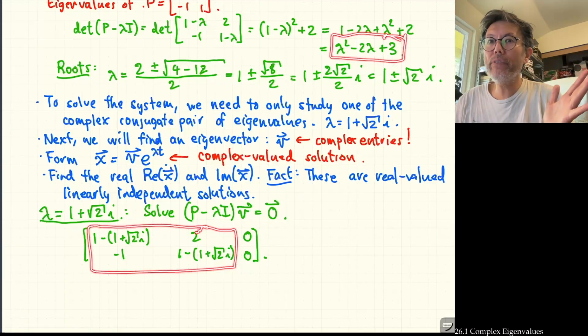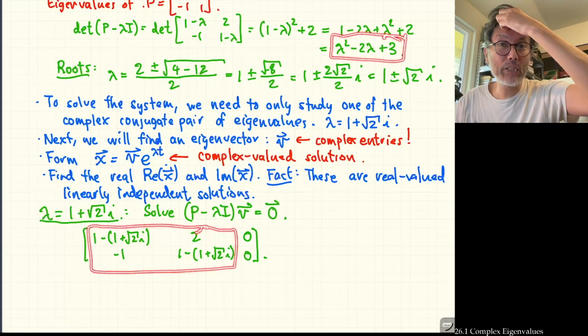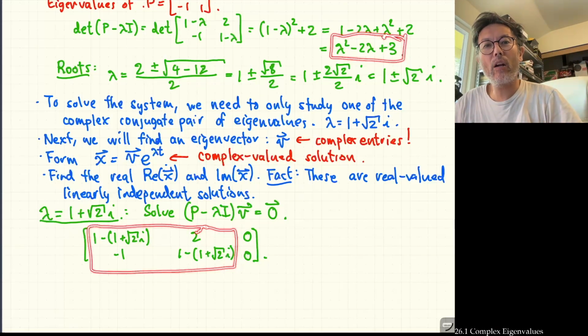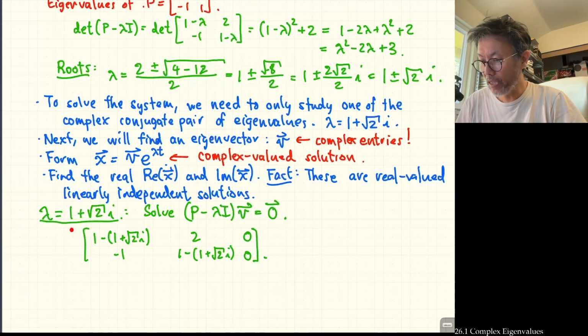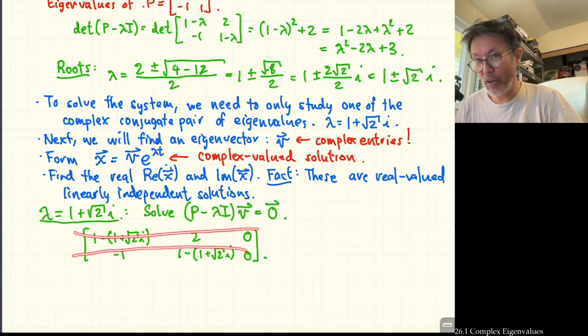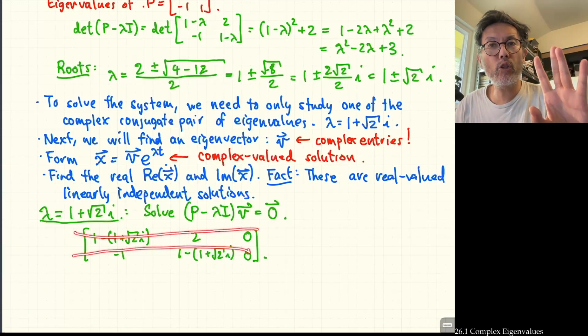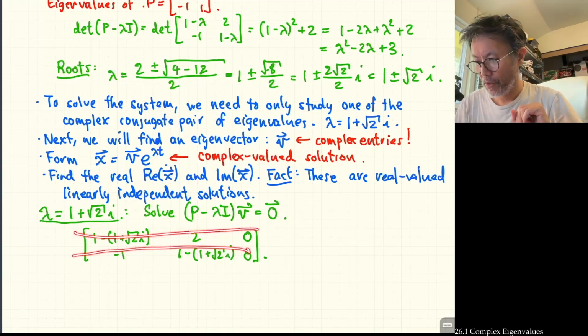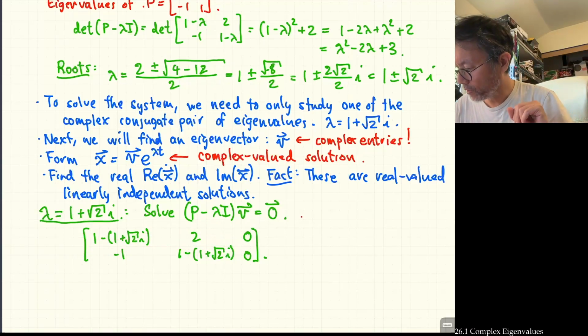So assuming that we've done all of our computations correctly, and that is a big if, here's what I can conclude. This row right here is a constant multiple of this row right here. That's always true about a 2 by 2 matrix with determinant 0. I'm going to remind you of this fact because it's useful.